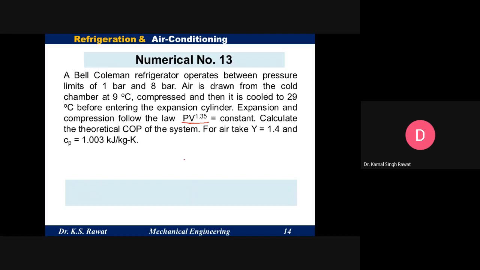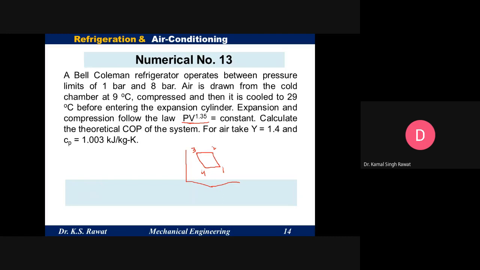Okay. Suppose in a cycle, there is some cycle. And this is the PV diagram. So this is 1, this is 2, this is 3, and this is 4.